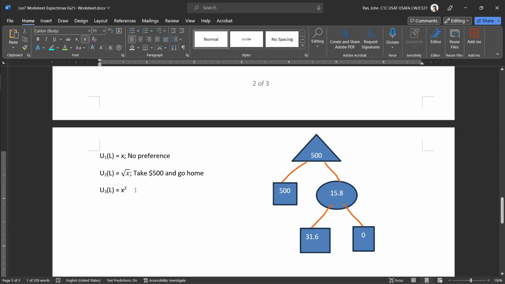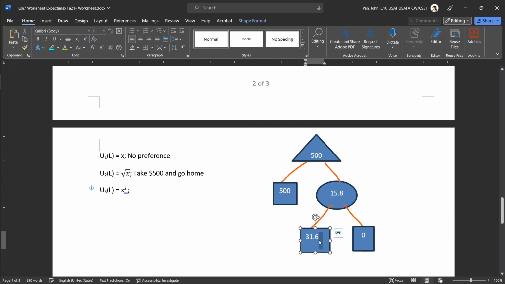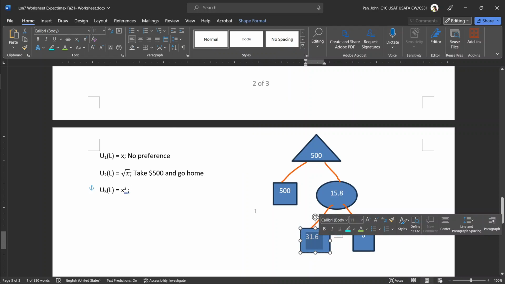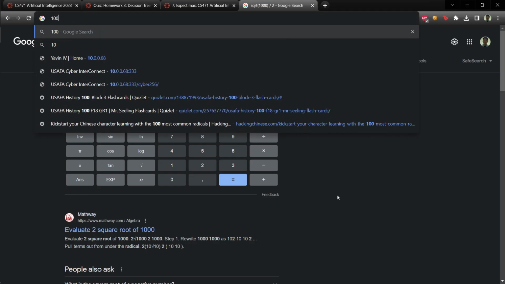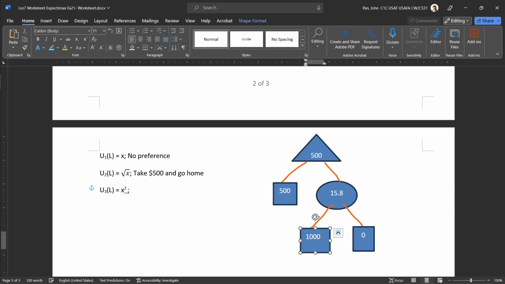And finally, we have x squared. When we win the lottery, I guess someone decides to match it by squaring it. So 1,000 becomes, well, 10 with 3 more zeros. So $1,000 becomes $1 million.